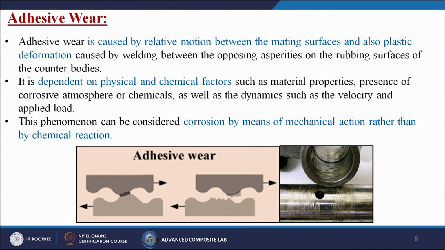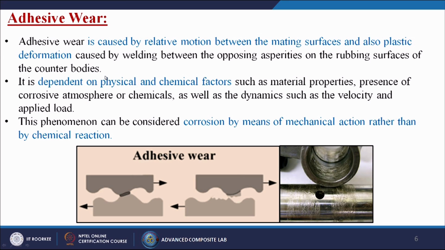So, adhesive wear is caused by relative motions between the mating surfaces and also plastic deformations caused by localized welding. This welding should be localized welding between the opposing asperities on the rubbing surfaces of the counter bodies.